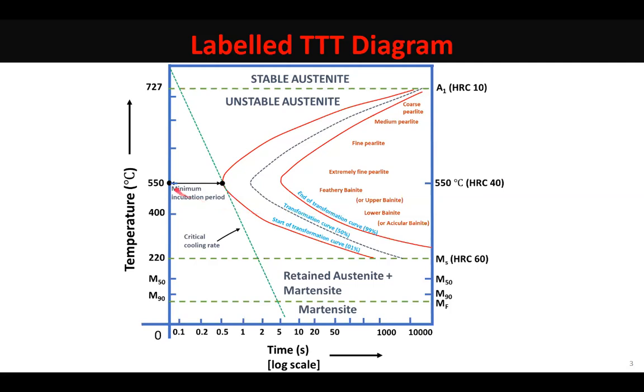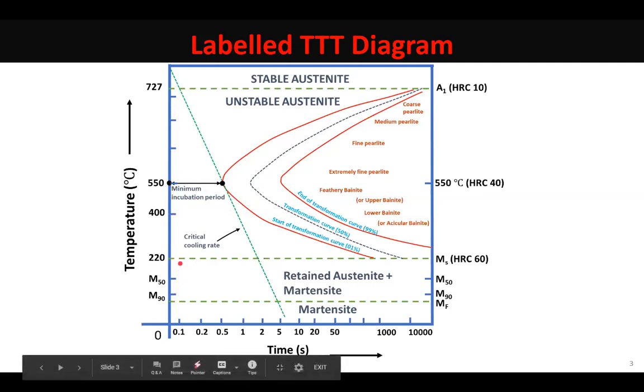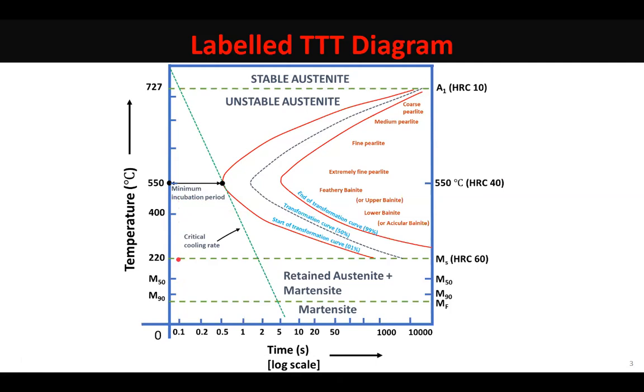Okay, so mind it, when austenite transforms from 550 to 220, which is an intermediate transformation temperature range, not as high as for perlitic transformation, not as low as would be for martensitic transformation, austenite transforms to bainite.